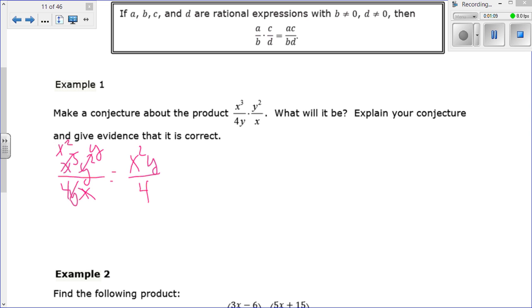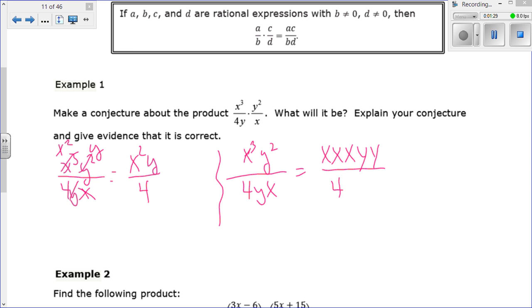So I need to give evidence that it's correct. Well, let's go back to what x cubed y squared over 4y and x looks like when we expand it. This looks like x, x, x, y, y over 4, x, y.